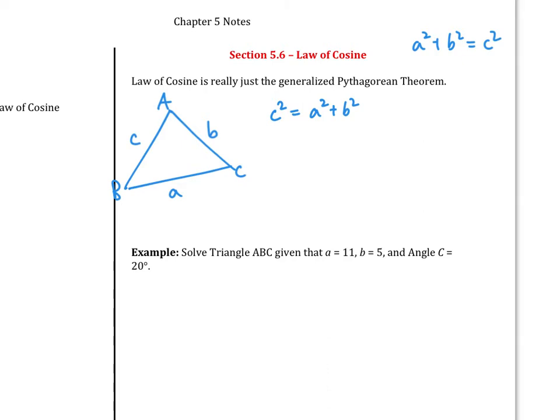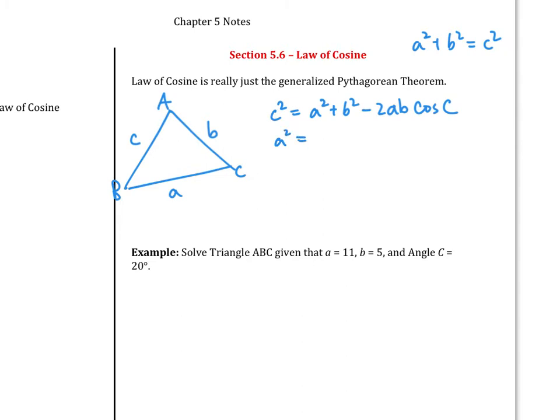So to use this theorem for non-right triangles, what we need to do is subtract 2ab cosine C. And what that means is this ab is this a b here, and then the C is that angle for this side. So let's say I change the formula so that we're trying to find the side a.